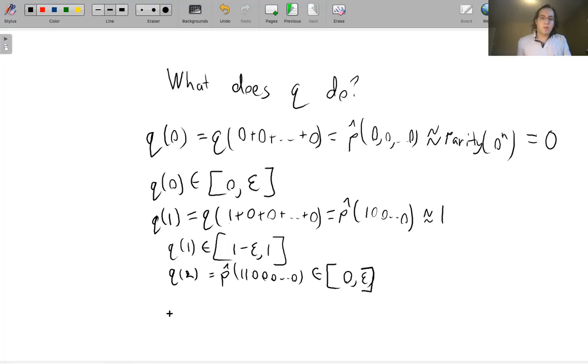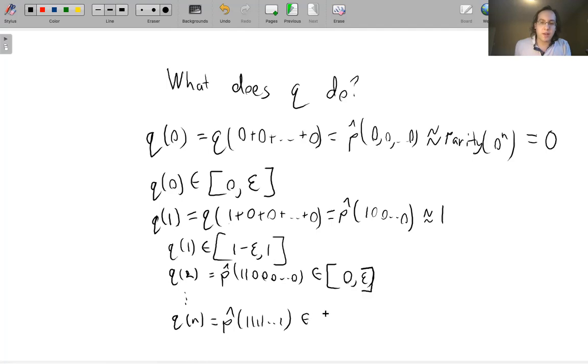Okay, so we get bounds like this until Qn. Qn is P hat of 1, 1, 1, 1, 1. And that depends on whether n is even or odd.